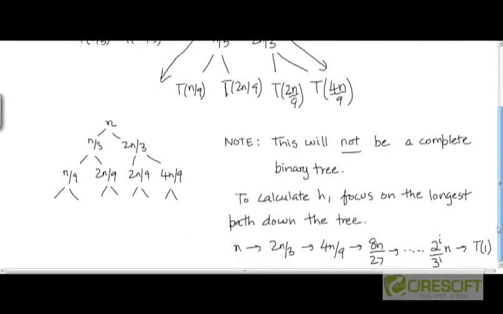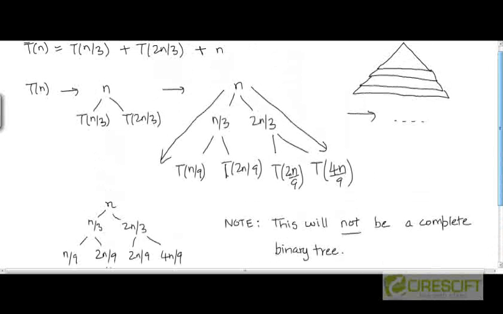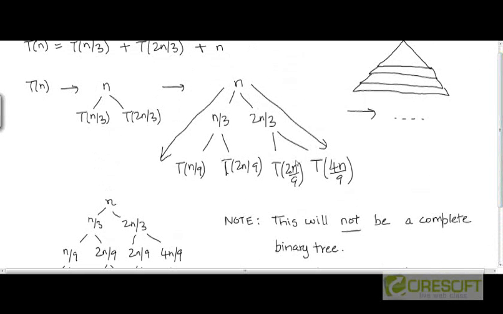So let's focus on the longest path down the tree. And this longest path is going to be the rightmost path because it's along this rightmost path that the subproblem sizes are decreasing at the slowest rate.